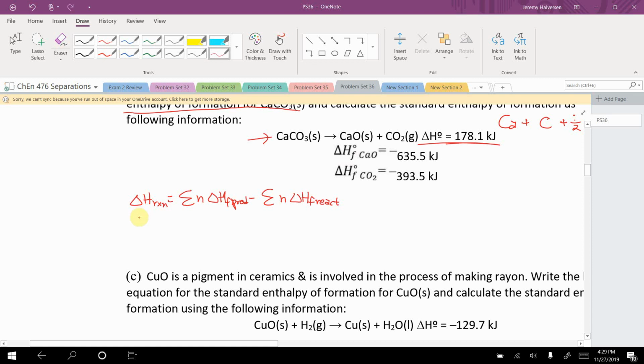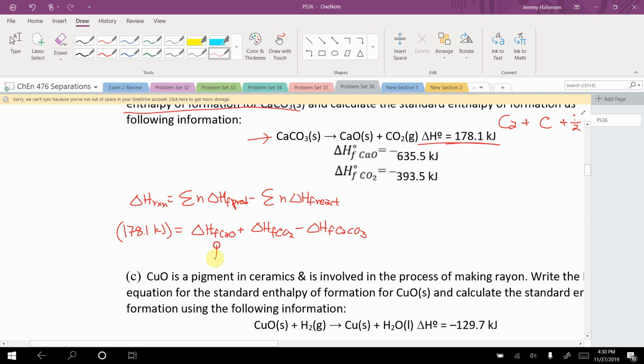So I know that delta H reaction is 178.1 kilojoules. And that's going to equal the delta H of formation of CaO plus the delta H of formation of CO2, those are my products, minus the delta H of formation of CaCO3, my reactant.